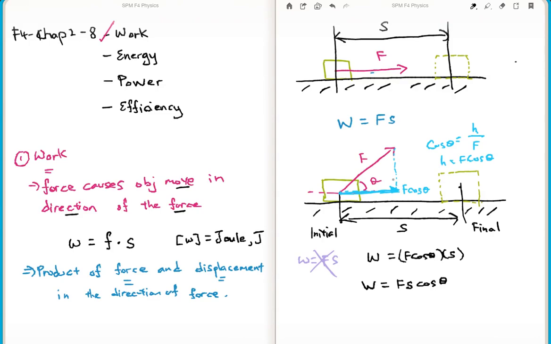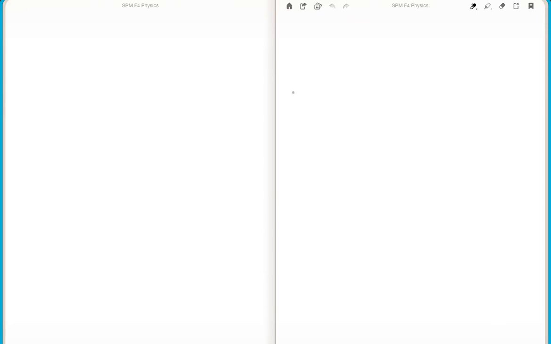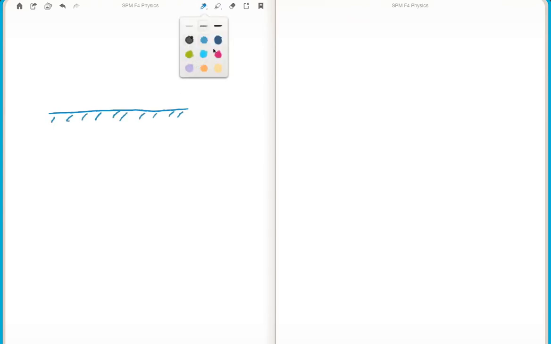Now let me give you an example towards it. What does it mean by that? Next page. What I've given you in the previous page is left to right, simple, right? Now, if you were asked, there is a horizontal surface, and there's a book lying on it horizontally, on the table, resting on the table.